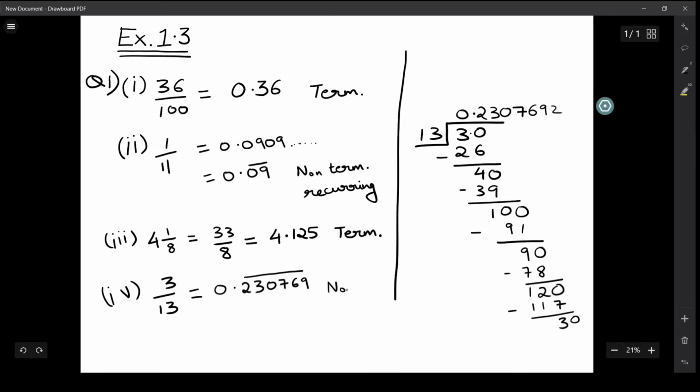So we can see that this one is a non-terminating sequence, but a recurring one.